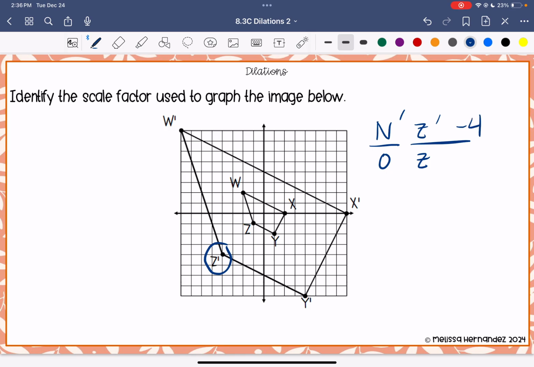It'd be -4, -4. That's my ordered pair for Z prime. And for Z, it was -1, -1. You get to pick whichever side you want, left or right. 4/1 simplifies to just 4. It did get bigger, so yeah, it does make sense.